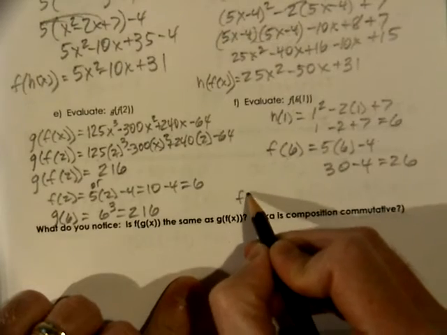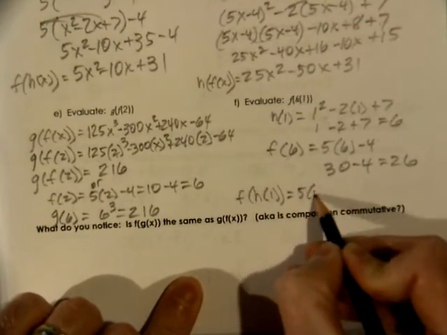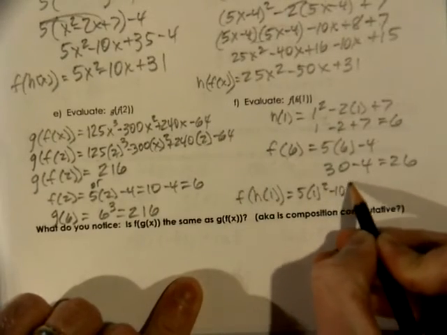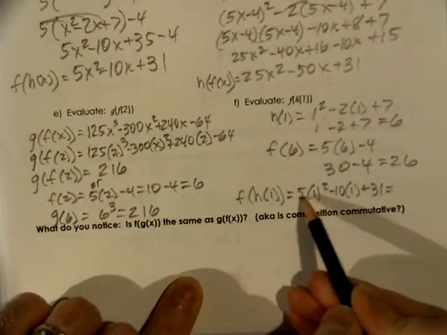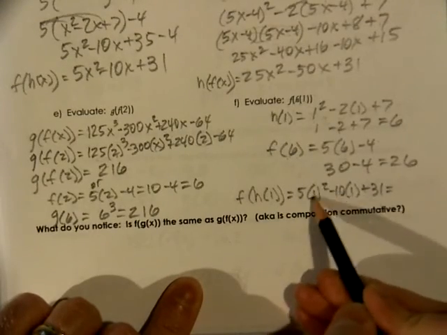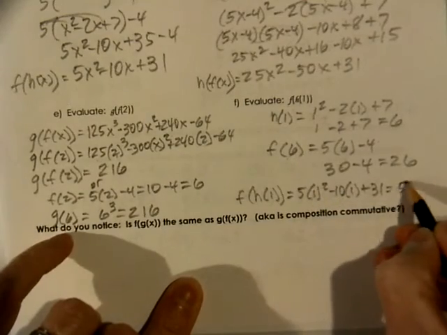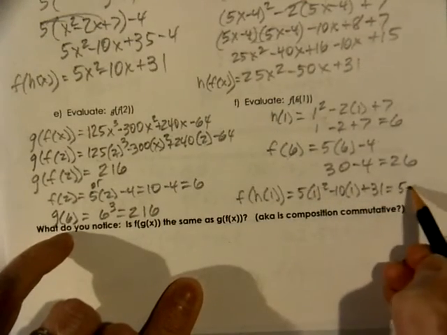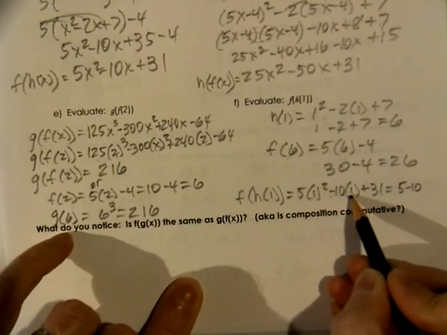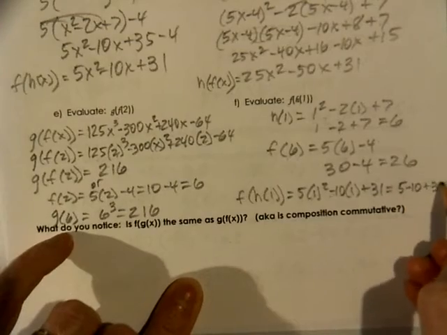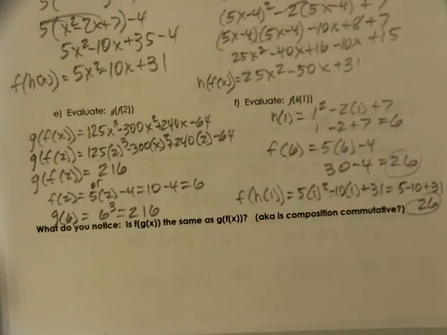If we did f of h of 1, 5 times 1 squared minus 10 times 1 plus 31. This is not 5 squared, this is 1 squared. 1 squared times 5 is 5. 10 times 1 is 10, so minus 10 plus 31. That is 26. They are the same.